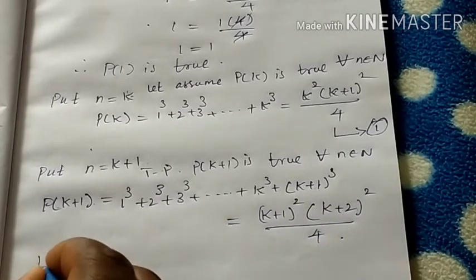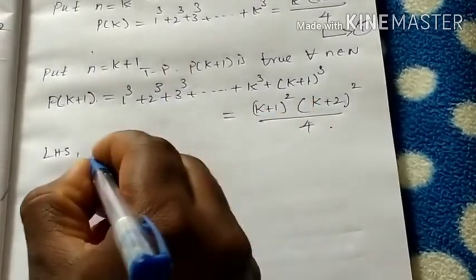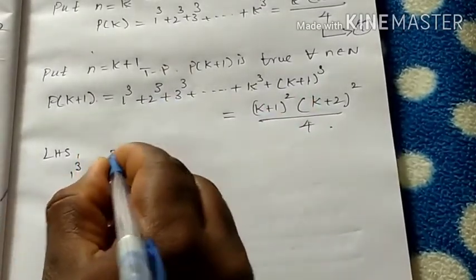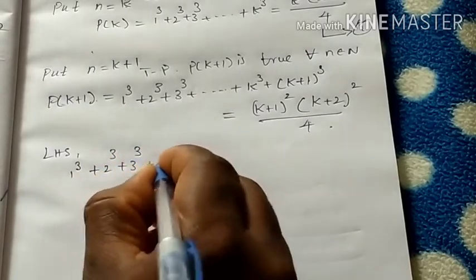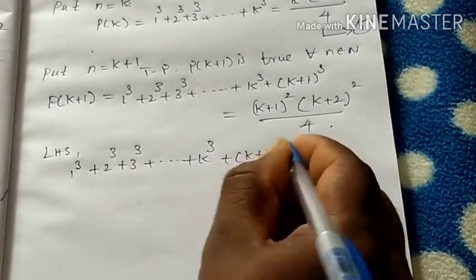Let's consider the LHS: 1 cube plus 2 cube plus 3 cube plus and so on plus k cube plus (k plus 1) the whole cube.